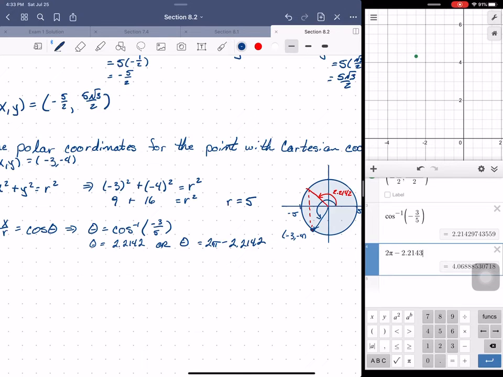My apologies. Okay. So that means what we really want is theta of 4.0689.